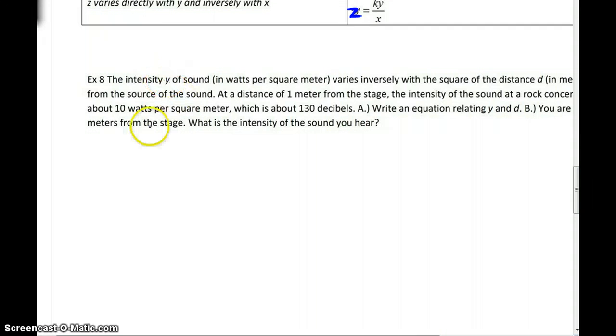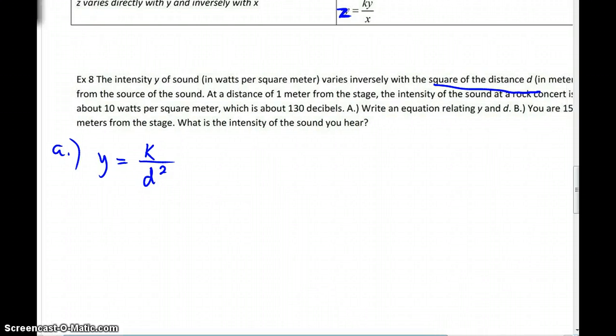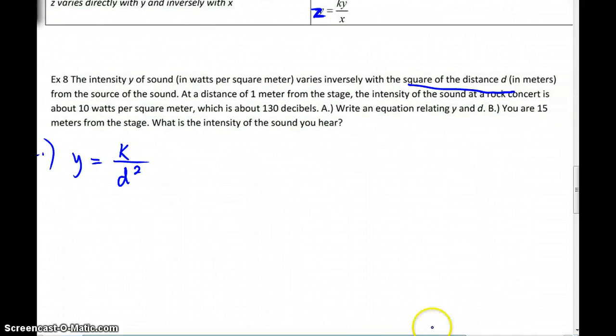The intensity Y of sound varies inversely, so I'll say K divided by the square of the distance D, so that's all over D squared, from the source of the sound. And what we can see is that with a distance of 1 meter from the stage, so D is equal to 1, the intensity of the sound, that's Y, is 10 watts per square meter.